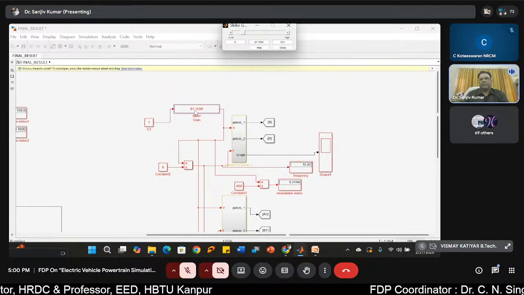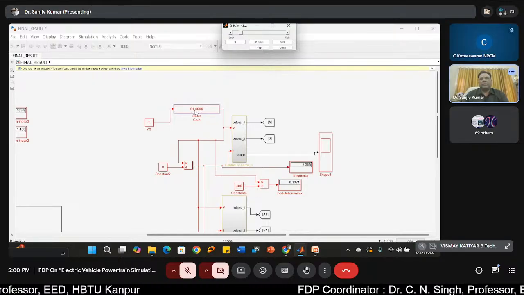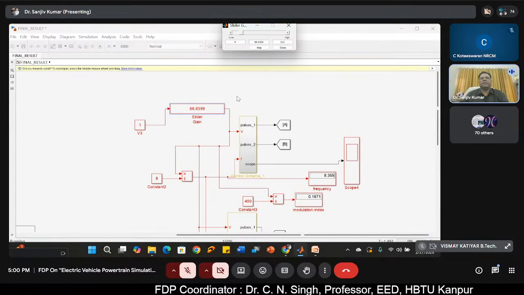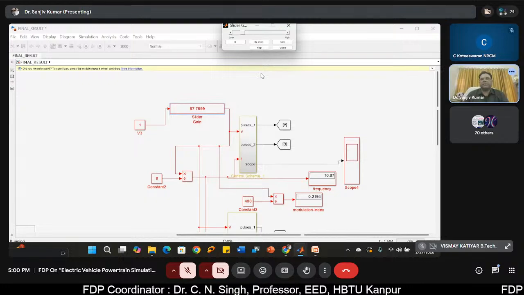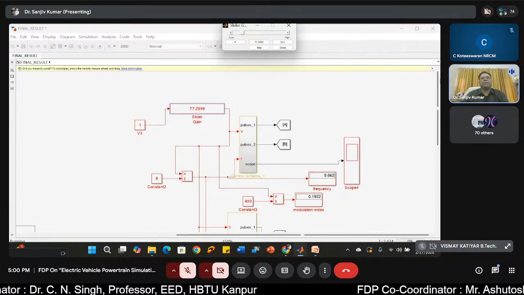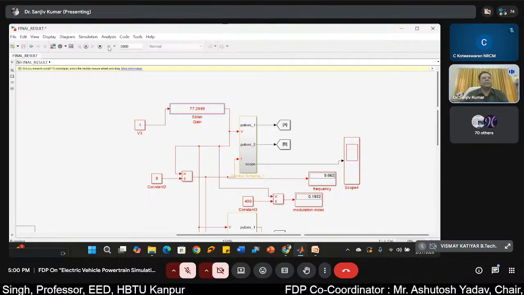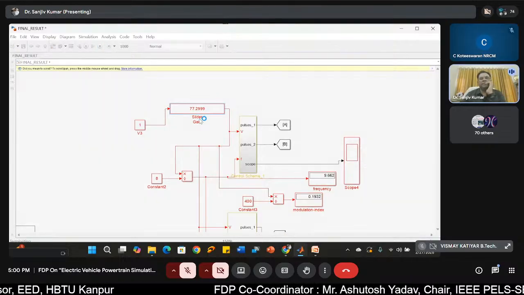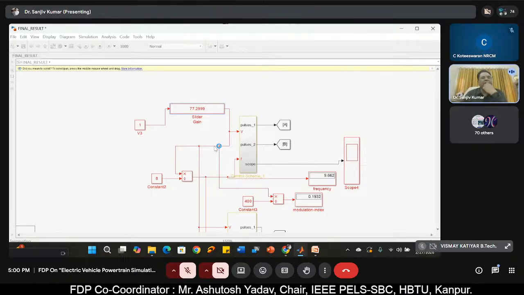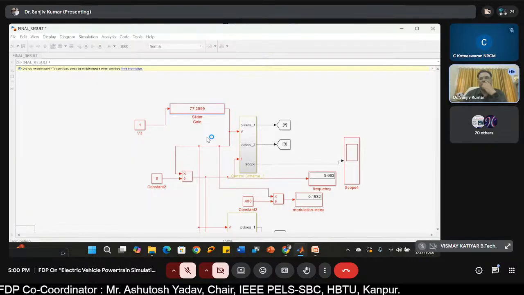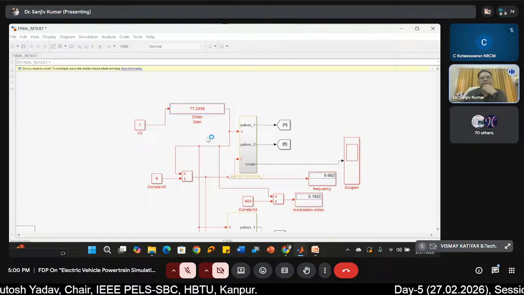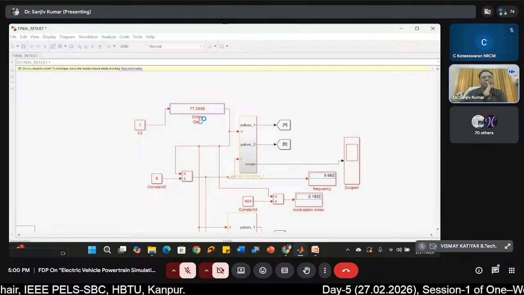Let us make this 9.6, approximately 10. Then this inverter has to be operated as a two level inverter. Since I have taken the simulation time quite long, just give me a second, otherwise I'll rerun this simulation.